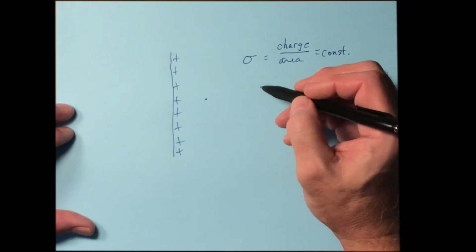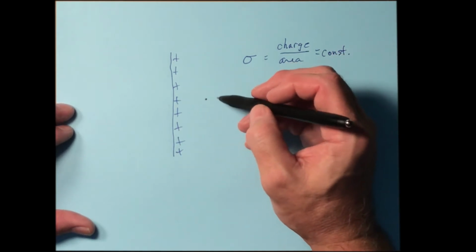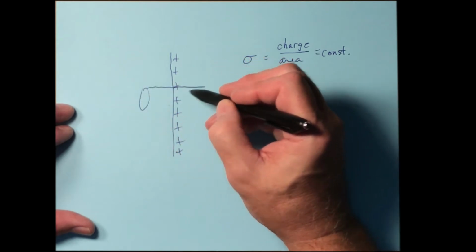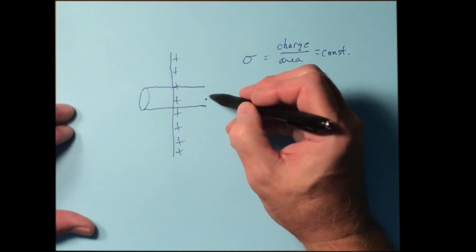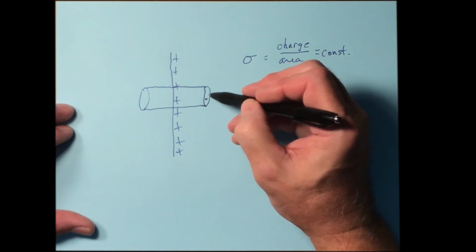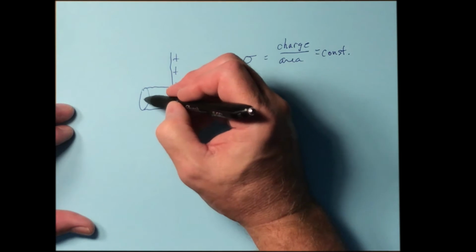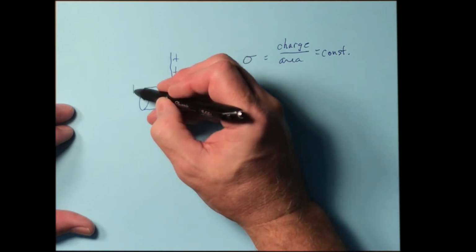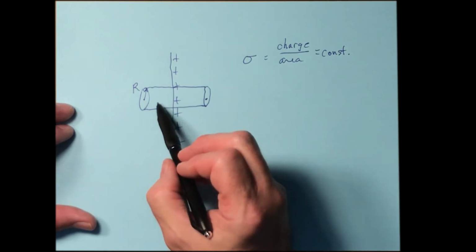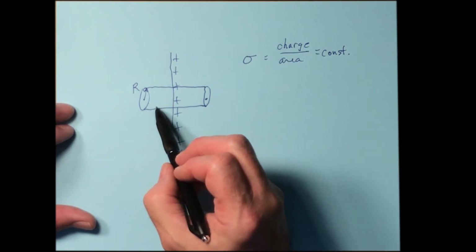So let's say I draw a cylinder here. I'll draw the cylinder so that this point is right on the surface. My cylinder has some radius, big R. And you'll notice in this case, half of it is inside the surface.